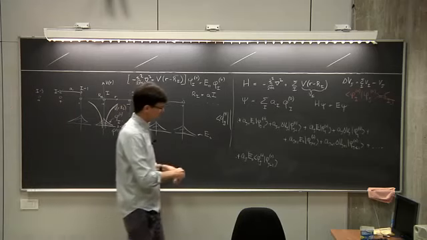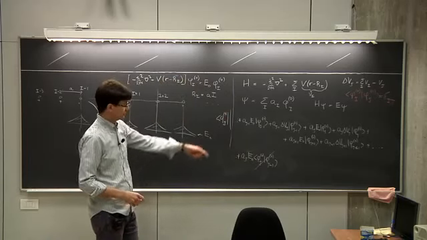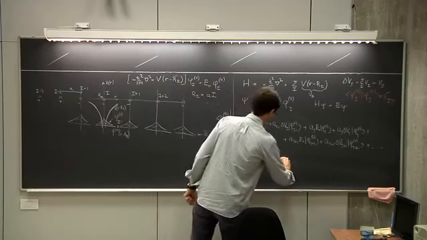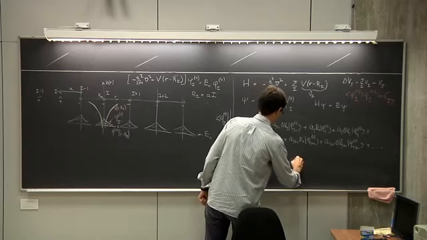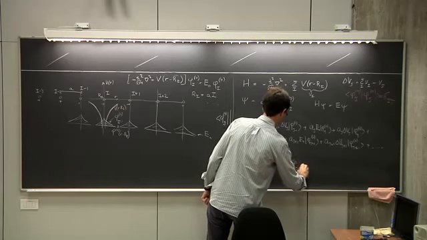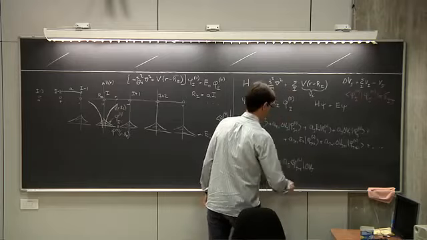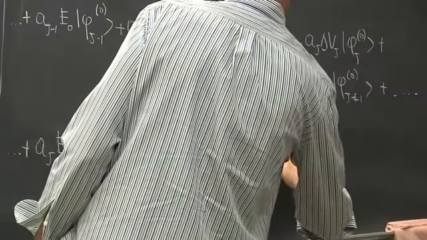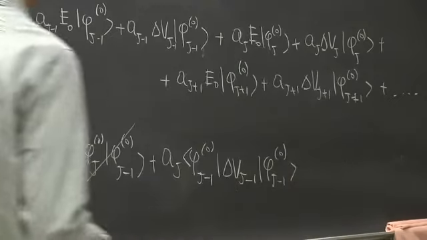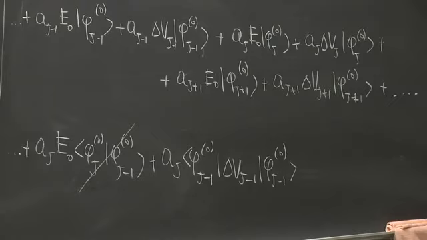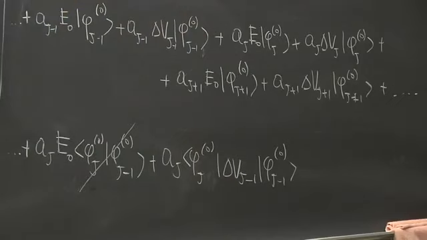So this one we already know. It's going to disappear from our expression. Let me continue. Delta Vj minus 1, phi j minus 1. That's the, phi j. I'm projecting on j.